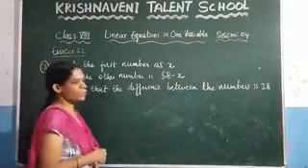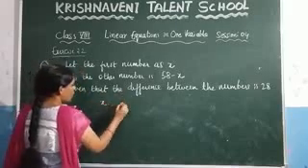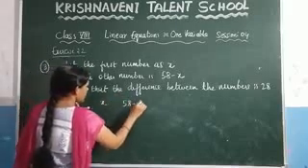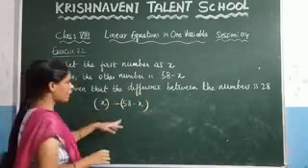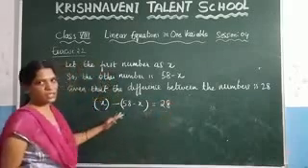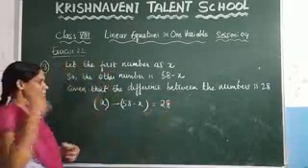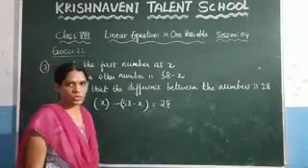So based on this, you need to find what are those numbers. What is the first number? x. And what is the second number? 58 minus x. And they have given the difference, which is nothing but if you calculate this answer, you have to get the result as 28. After solving the question, we have got this equation. Based on this equation, you need to find what are those numbers.